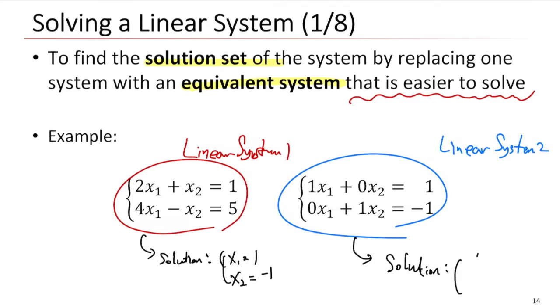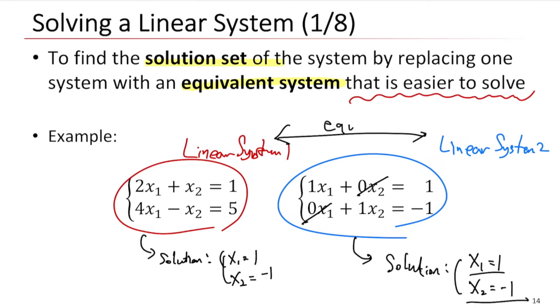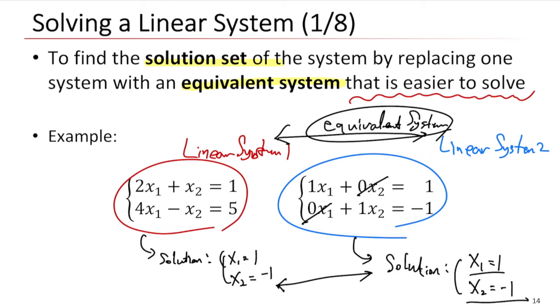It is also x1 equals 1, x2 equals -1. Why? Because there is a 0, this term has no meaning, and we can just say that x1 equals 1, x2 equals -1. If you remember the previous page, these two systems are called what? Equivalent systems, right? Because they have the exact same solution set.